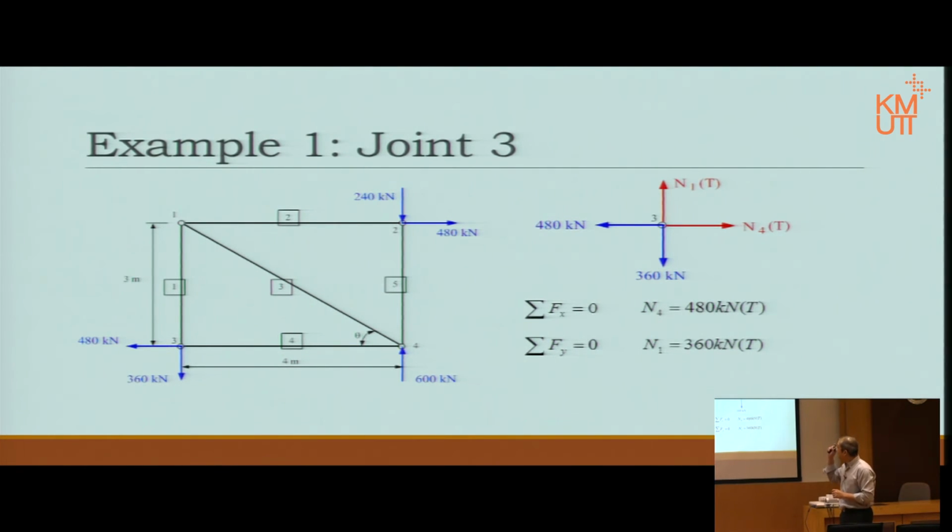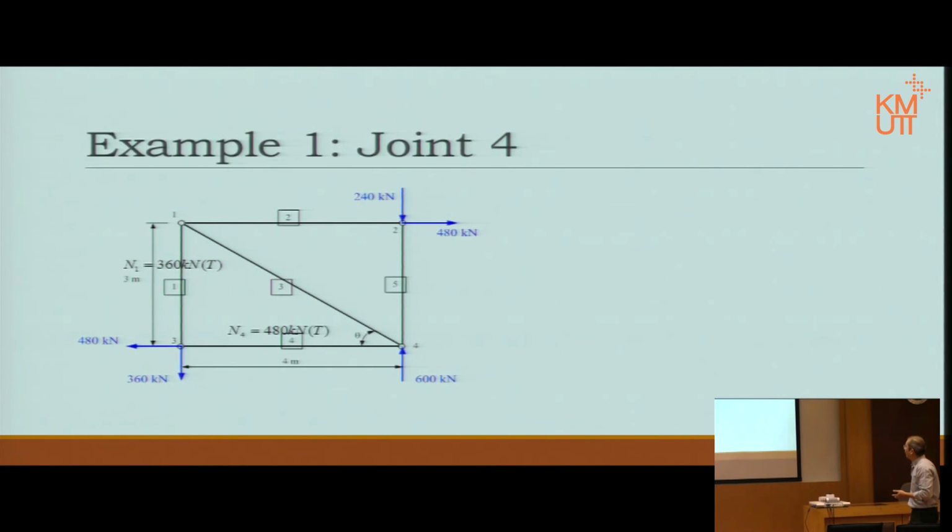Joint 2 is unknown as well, so at this point we can choose any joint to continue. Okay, update the picture so we know what we are doing. We have N1 and N4. I'm just writing it down on the truss so that for the next joint we don't have to turn the page all the time.